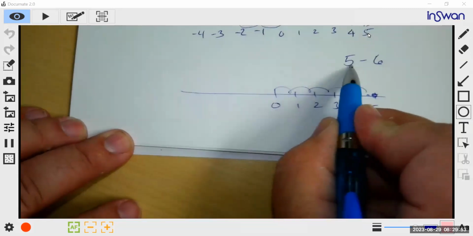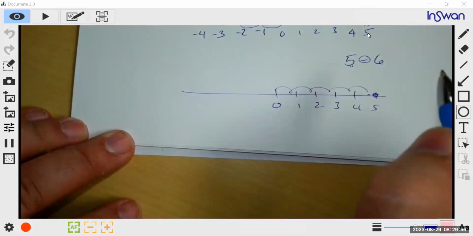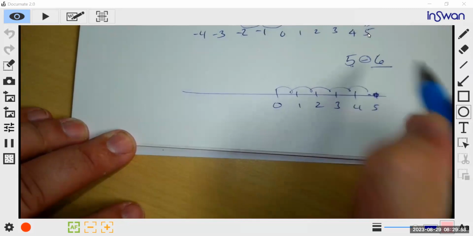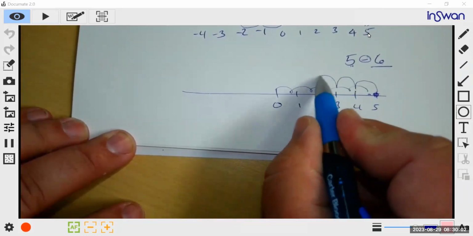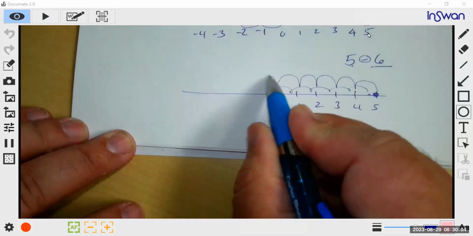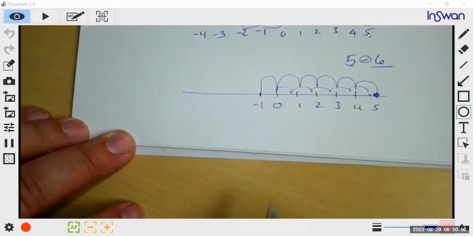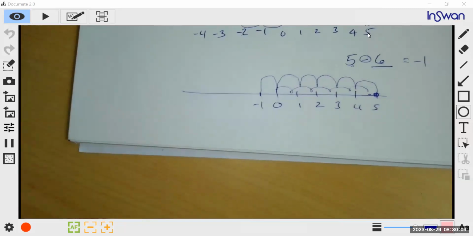We put it out there. This one says go which direction? 6 spaces. So from here, I go left. 1, 2, 3, 4, 5, 6. So there you have it.